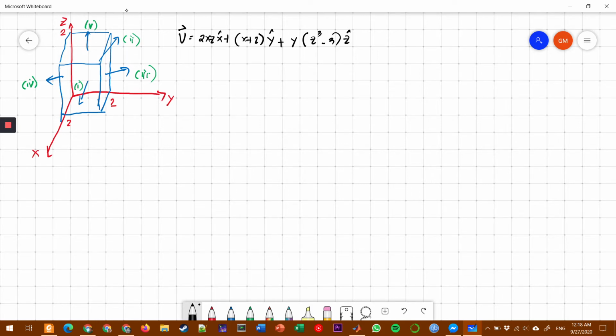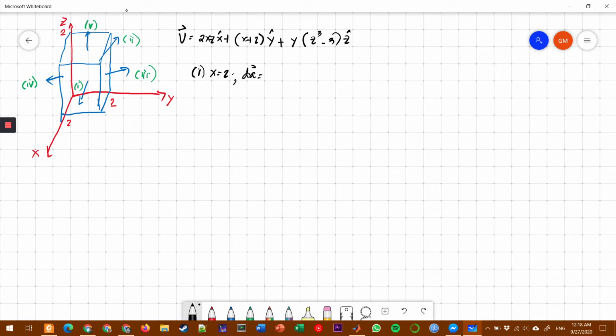Now if we take the sides one at a time, let's consider region 1. If you take note of region 1, this face has constant x, which is x equals 2. We can just label it here, x equals 2. How about dA?